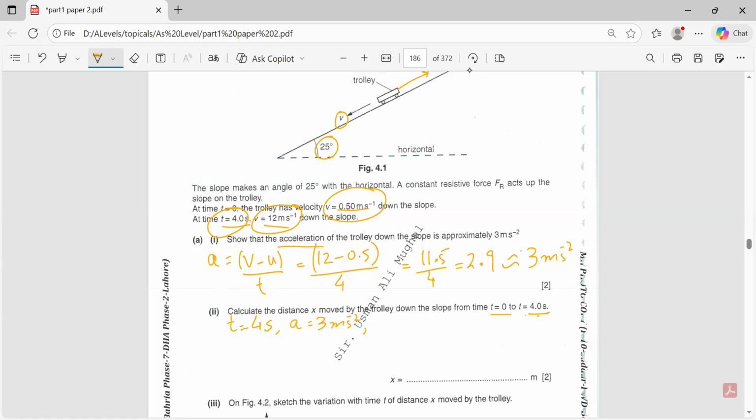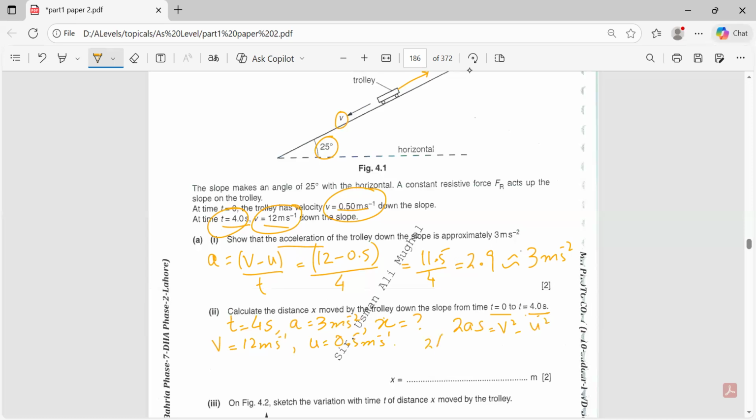What else is given? We need to find out the distance traveled by the trolley. What is the final velocity? Final velocity at 4 seconds is 12 meters per second. And what is the initial velocity given to us? The initial velocity given to us is 0.5 meters per second, right? To find x, we can use the formula 2as equals v square minus u square.